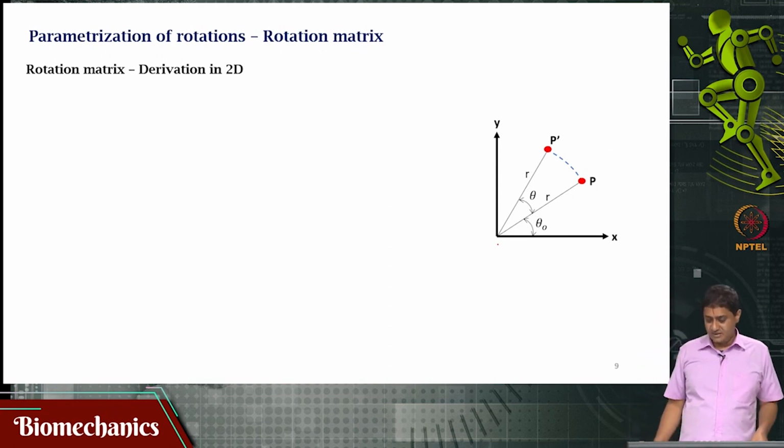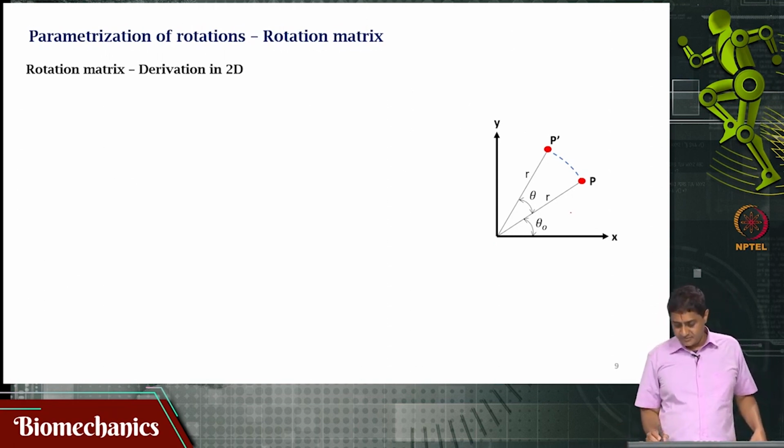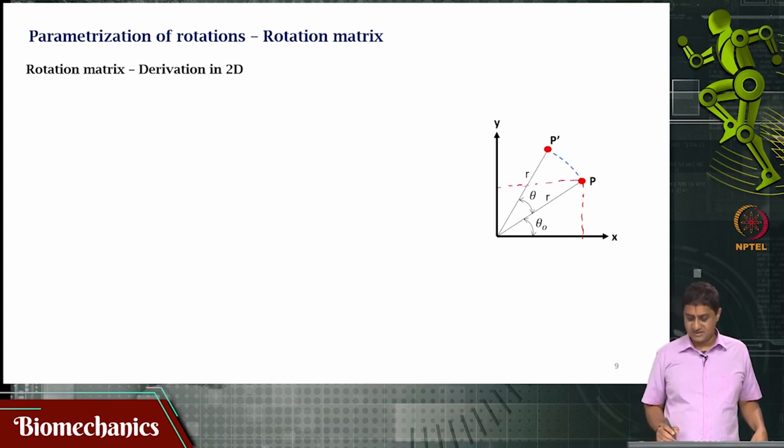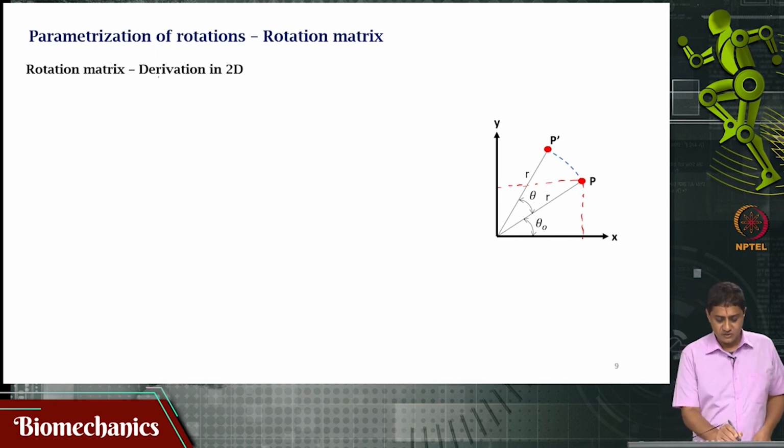Okay. Let us say that there is a point P here that is shown this, and initially it is having an angle of theta with respect to the horizontal axis, which is the x axis. This is rotation matrix in 2D.